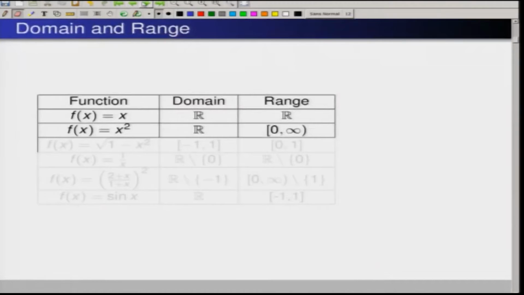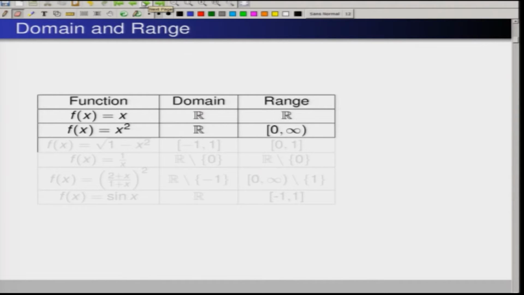Now, if we take f of x is equal to x square, then the domain of this function is entire R. However, the range is the interval 0 closed, infinity open. For every real number, the square of the real number exists, as we had seen previously, x into x, because we have a prescription for multiplication.